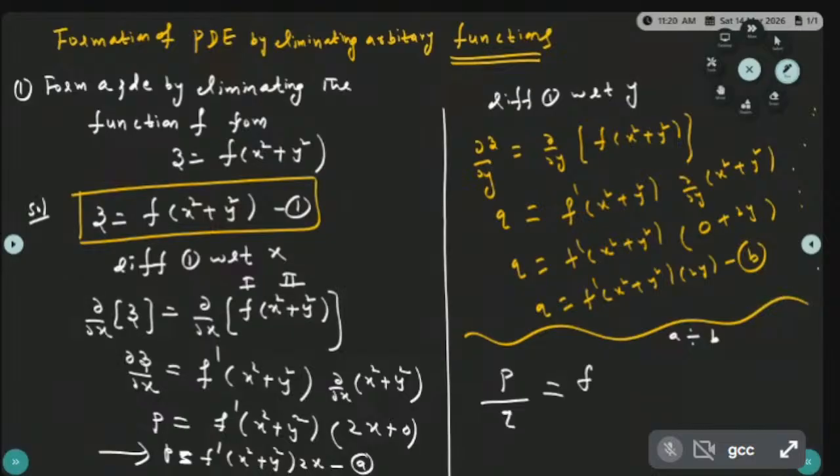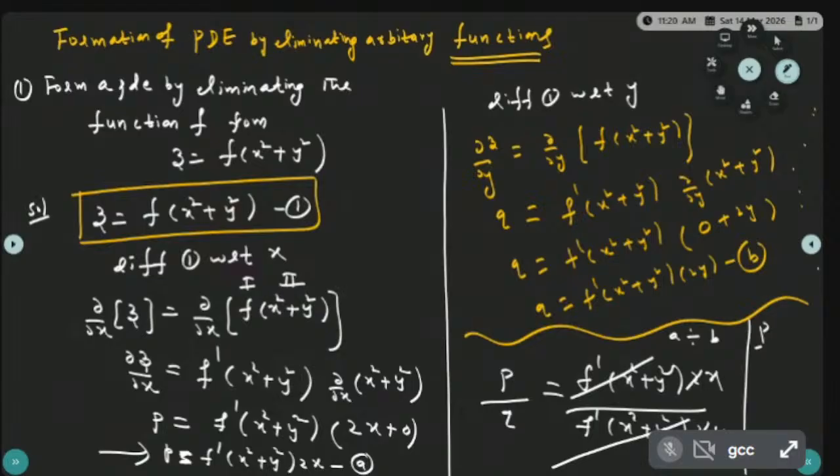F dash of x square plus y square into 2x, and in the other, f dash of x square plus y square into 2y. Therefore f dash is eliminated, 2 also. What are you getting? P by Q equals x by y, that is the answer. Easy or not?